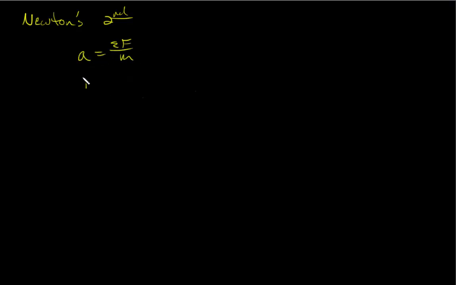If we rearrange that, we get that the force is the mass times acceleration. However, this mass needs to stay the same. We really can't use this if we have a changing mass. And where does that happen? If I had a rocket flying up into the air, as it's expending fuel, as its fuel is decreasing, its mass is decreasing. So we would need to account for that.